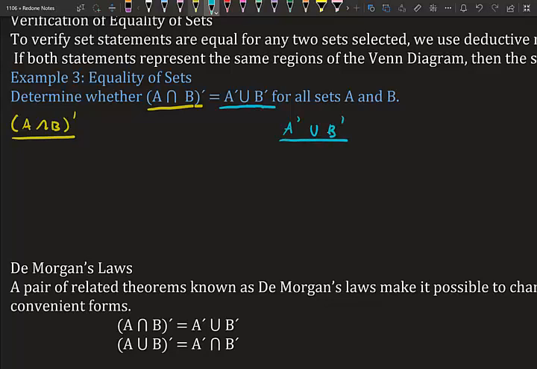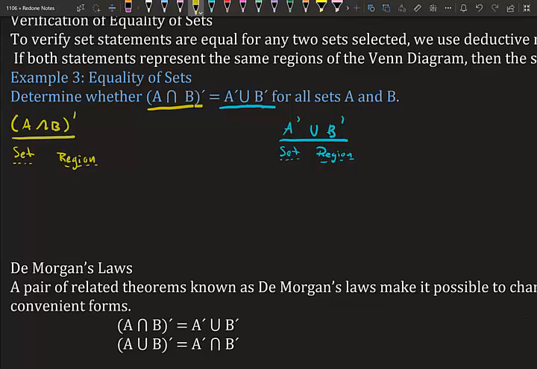All right, so for our left side and right side, we're going to break it into set and region. We're going to pay attention to one side at a time.